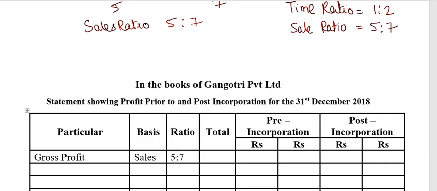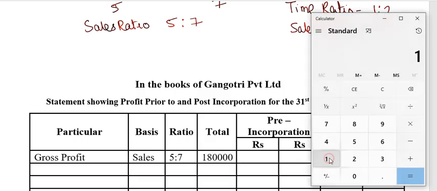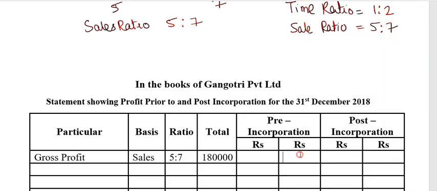In pre-incorporation it will go on the basis of 5, and in post-incorporation this amount will be distributed on the basis of 7. So the total gross profit is 1,80,000. How do you calculate? 1,80,000 multiplied by 5 divided by 12. So 75,000 is the gross profit of pre-incorporation, and this gross profit you write on the credit side.